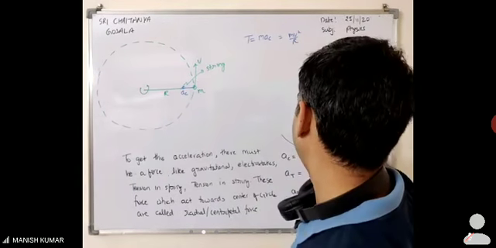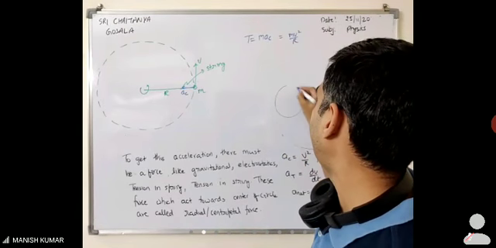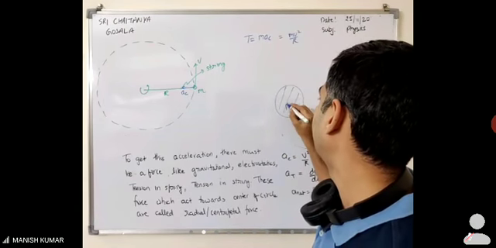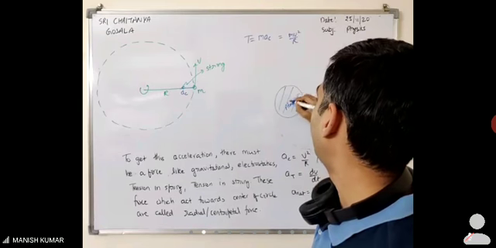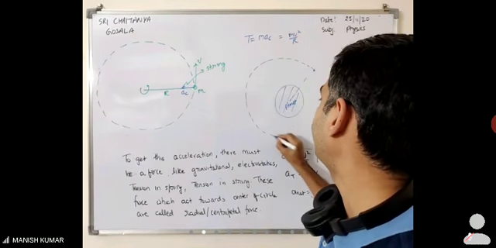Let's take another case. For example, let's say this is a planet around which a small satellite is revolving, maybe artificial, maybe natural.